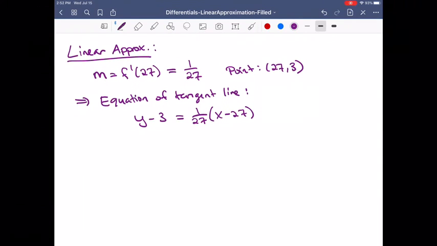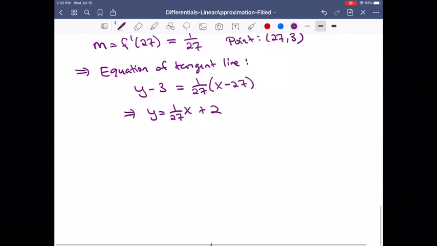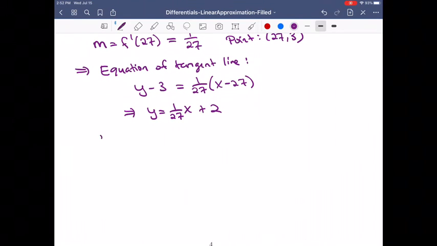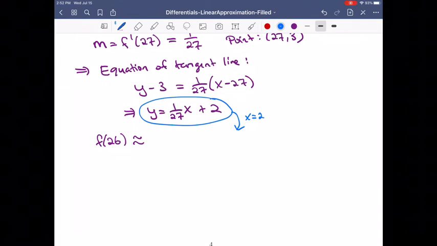If I solve for y, this is 1 over 27 times x, minus 1 plus 3, so plus 2. That means that f of 26 is approximately this when x is 26.